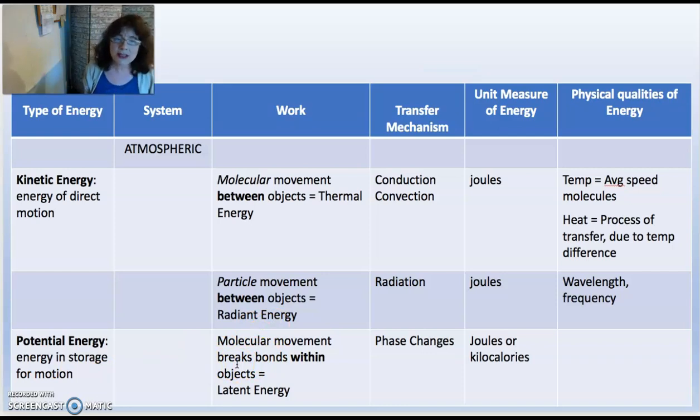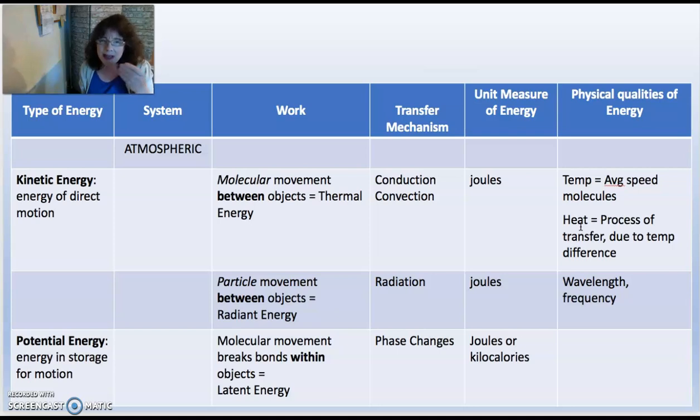All of these units of measure for energy depend on joules. We might talk about different qualities of that energy. We might talk about temperature and heat in motion, because molecules move to change temperature, and heat is the process of transferring energy due to temperature differences.